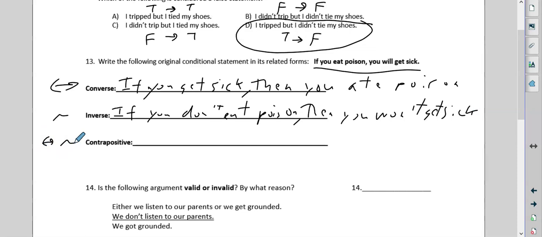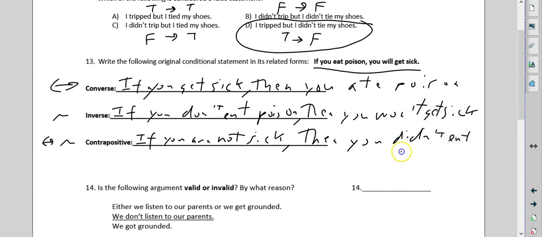So if you're not sick, then you did not eat poison. Okay? So you have your original switched, original negated, original switched and negated.